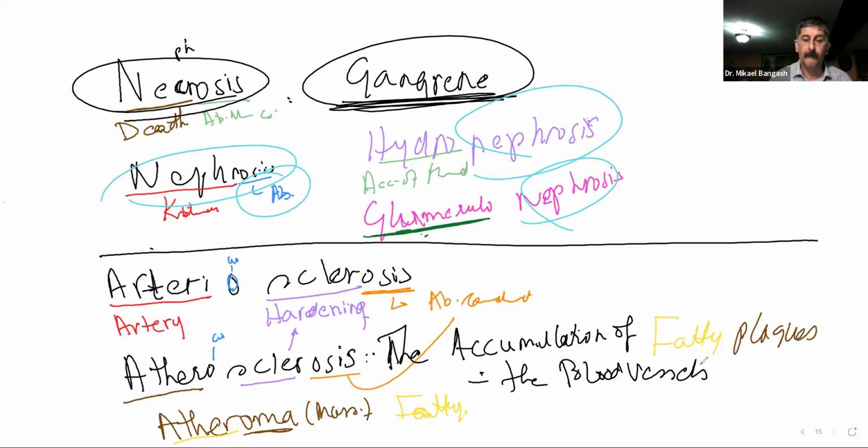Now, just to be honest, guys, the outcome of the accumulation of those fatty plaques in the blood vessels is that those blood vessels are also going to get hardened or rigid.